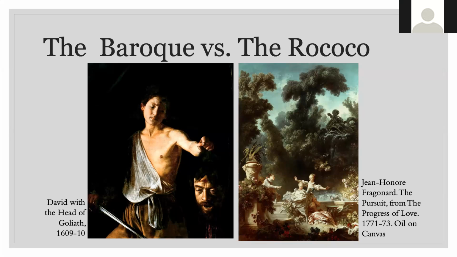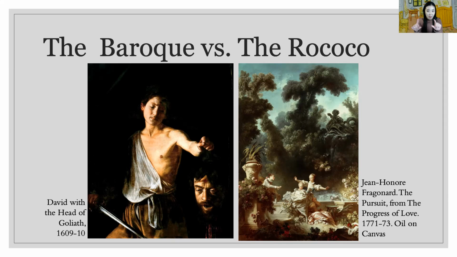One is definitely darker than the other one. Yes, the themes are different. The one on the left has more of a death, murder type of theme. And the one on the right has a joyful theme. Perfect. You get the point.